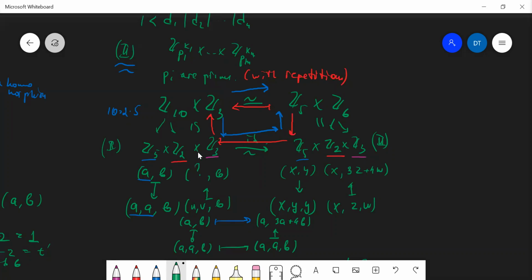And now, if you want to compute the isomorphism between these guys explicitly, you see what you're doing. You go with the isomorphism to the bottom. Then the bottom part coincides with the bottom part on the right-hand side. Probably you need to do some permutations, but here you see the 5 is first here, the 5 is first here, the 2 is second here, the 2 is second here, the 3 is third here, the 3 is third here.